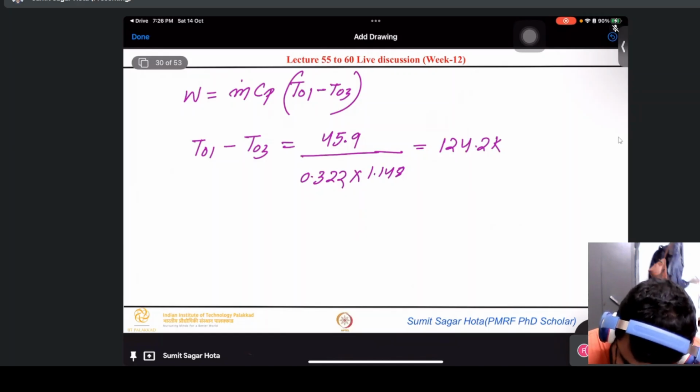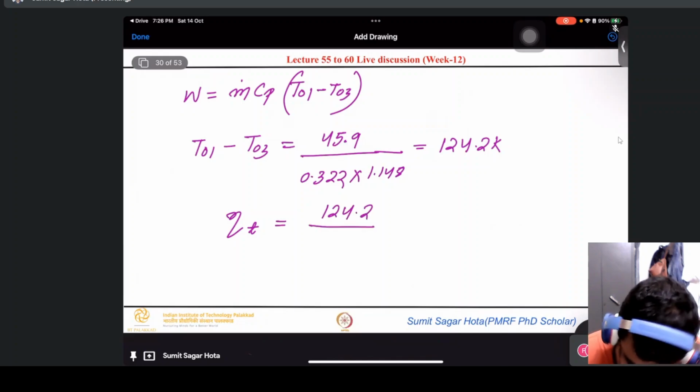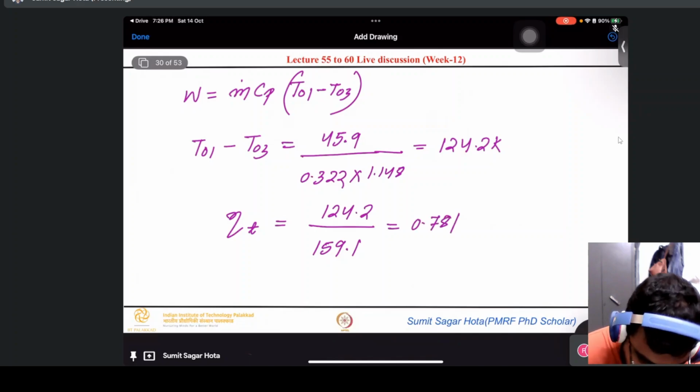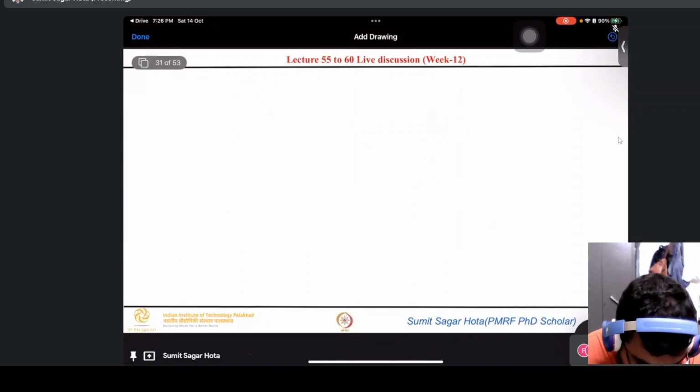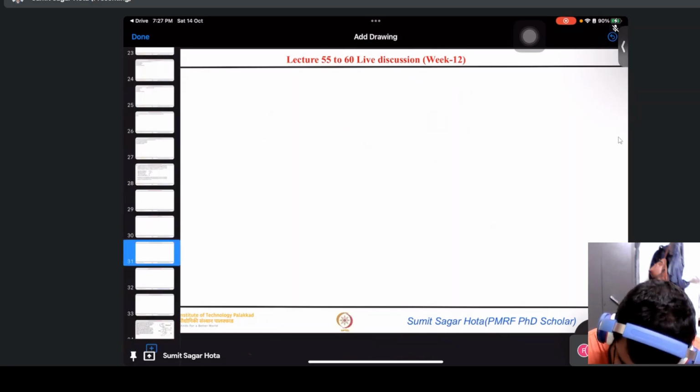So now take the ratio, 124.2 divided by the isentropic temperature difference. Actual by isentropic temperature difference is your isentropic efficiency, which is 0.781. So the isentropic efficiency is found, this is your answer also.